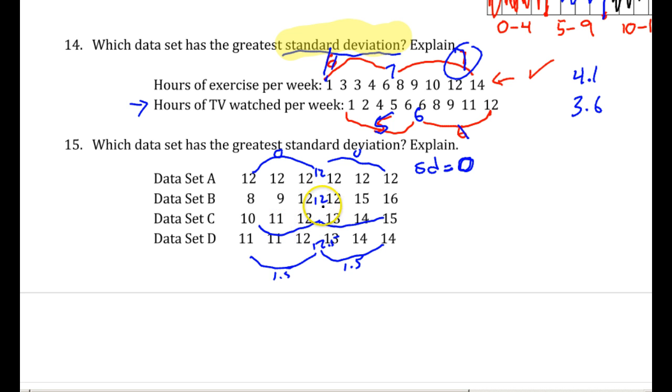But when you get to here, for B, how far is it from 12 to 16? That's 4. How far is it from 12 to 8? That's 4. So this by far has the biggest standard deviation, or distance from the middle to the outside. Think of standard deviation as distance from the middle to the min and the max.